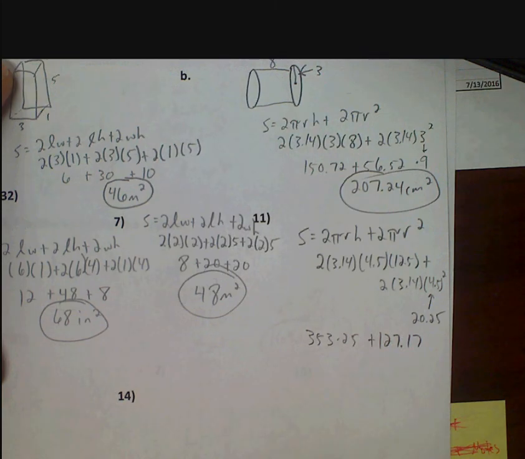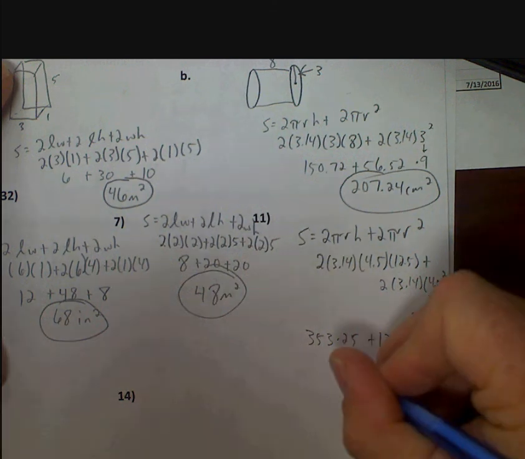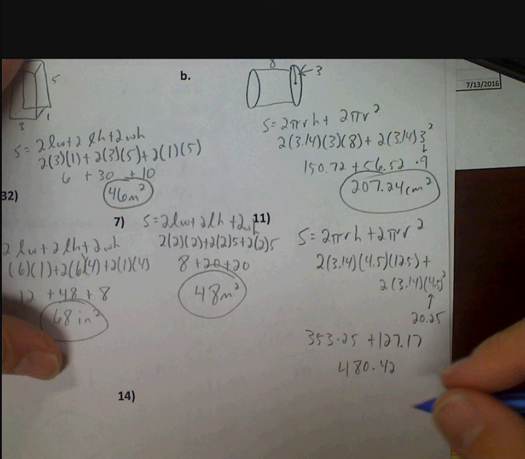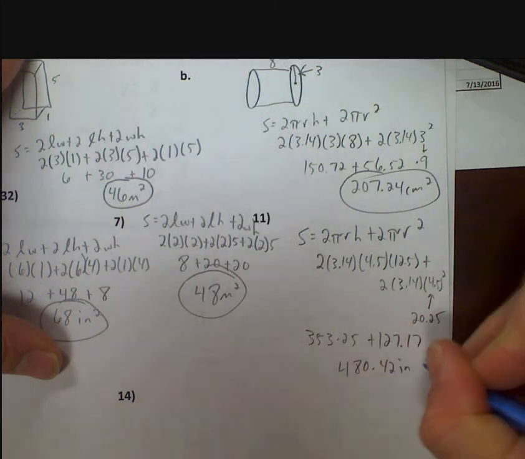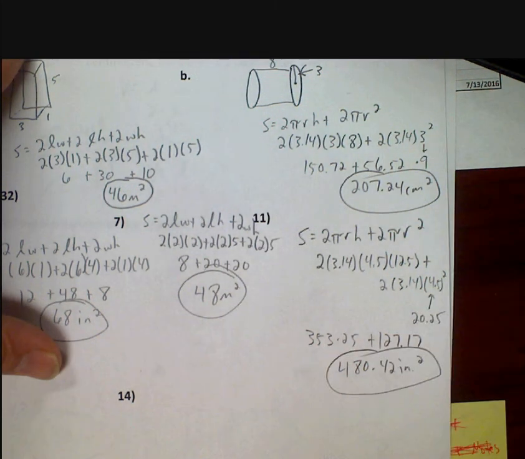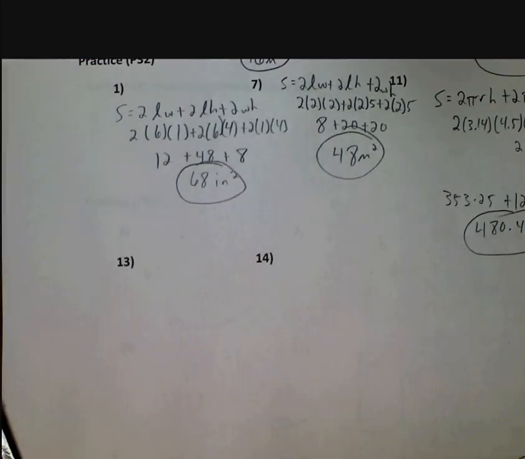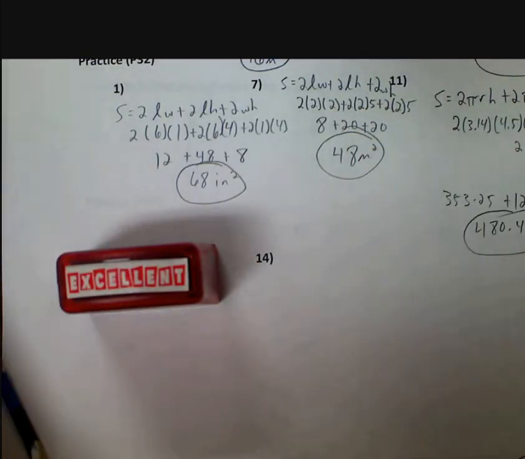If I add that to 353.25, I'm given 480.42, and we measured in inches, so we have inches squared. Number 13, pause the video and try.